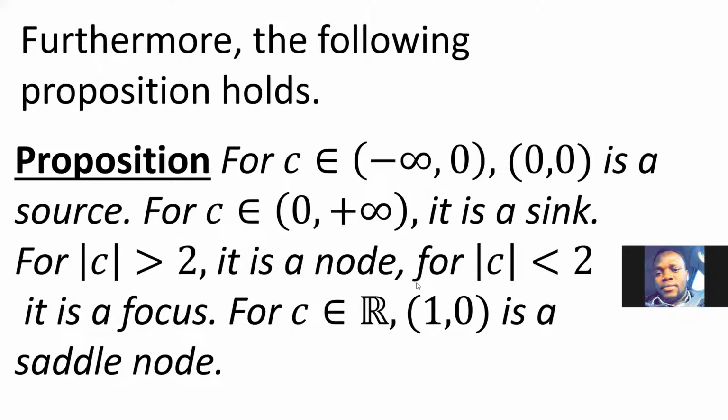For the other stationary point, (1,0), it's a saddle node because we have 2 eigenvalues of opposite sign. You did those computations, and that's what we found.